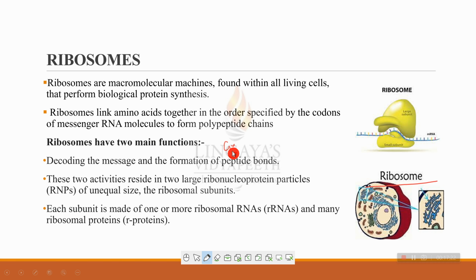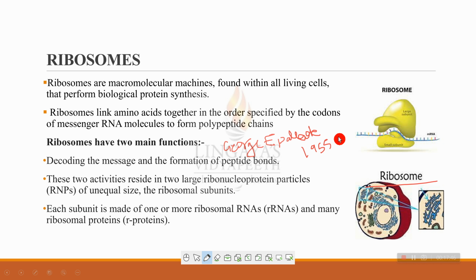It was discovered by George E. Palade in 1955.